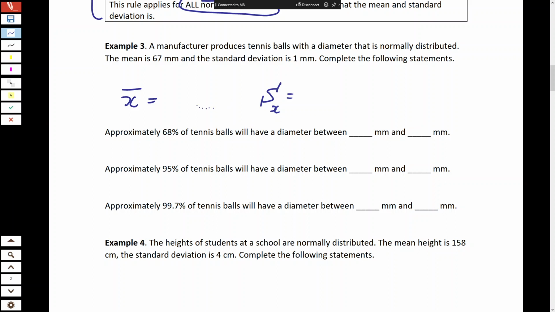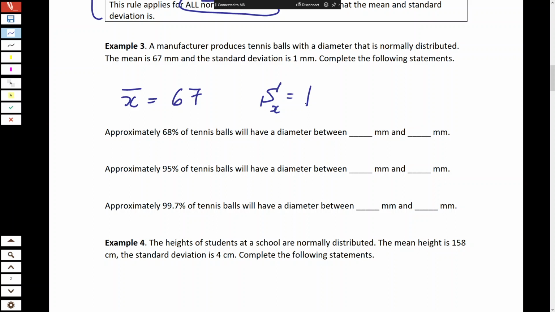And standard deviation? I would suggest you write this down, that you start every normal distribution calculation by doing this. This will make your life a million times easier. So some of you will see this straight away. Some of you, it might take a bit longer. That's fine. What do I need to do to get the 68% interval?